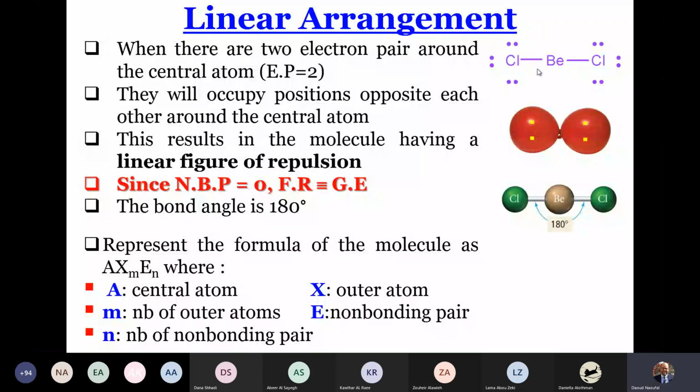So they ask us to find the figure of repulsion of BeCl2.